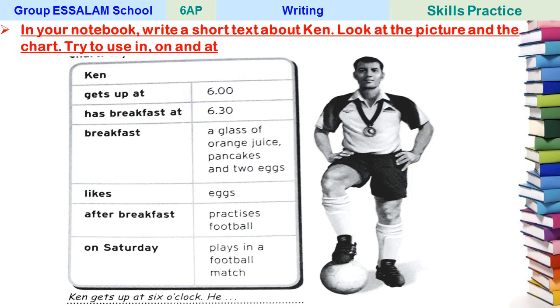He has breakfast at 6:30. Okay? And they give you for breakfast a glass of orange juice, pancakes, and 2 eggs. What does he like? Of course, he likes eggs. After breakfast, they give you practices football. And on Saturday, plays in a football match. So these are the information about Ken, try to use this information and write it in a paragraph.